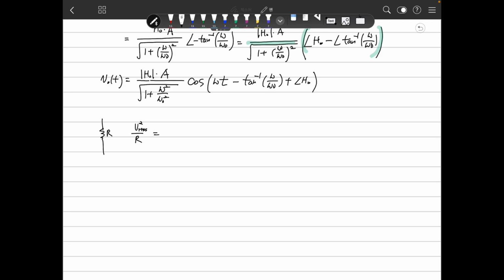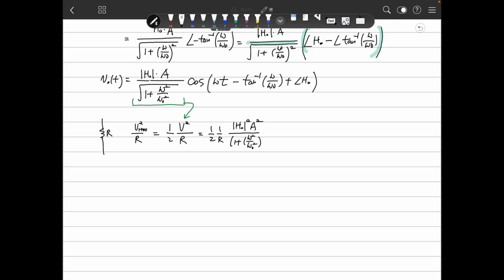If we replace that using the peak values, then there will be half V squared over R. So because these are the peak values, we insert here, and the result is one half times 1 over R times 1 over 1 plus omega over omega 0 squared, times H0 squared and A squared.